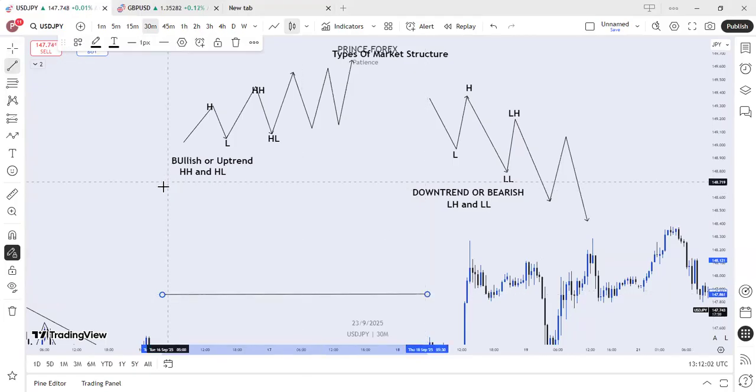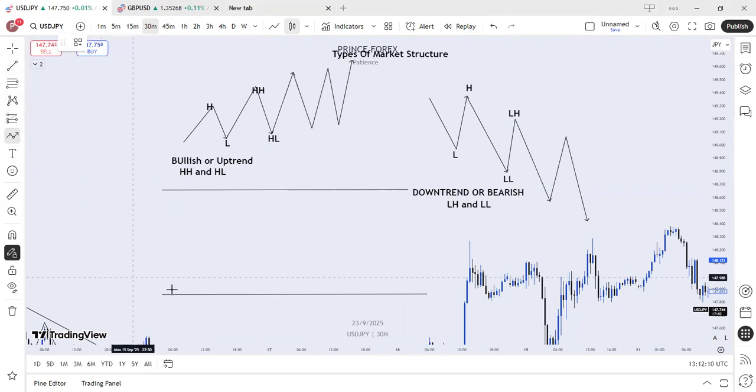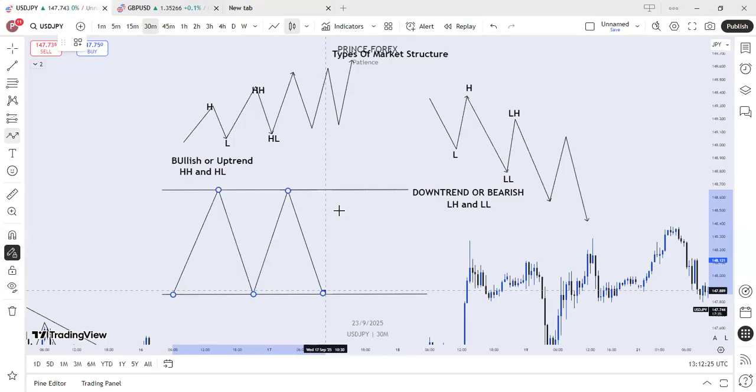I believe most of you know what support and resistance mean. So this is basically a support level. For a consolidation market, price moves from support to resistance, then resistance to support, again and again.